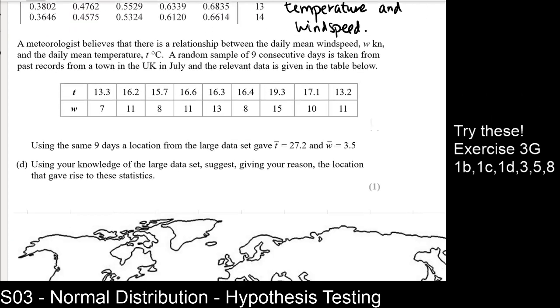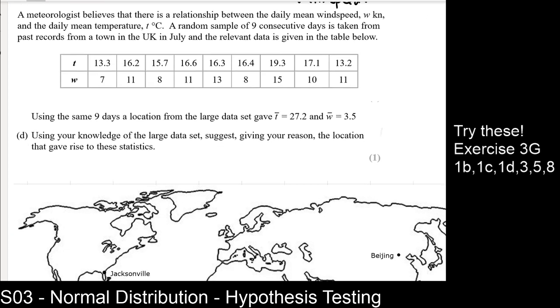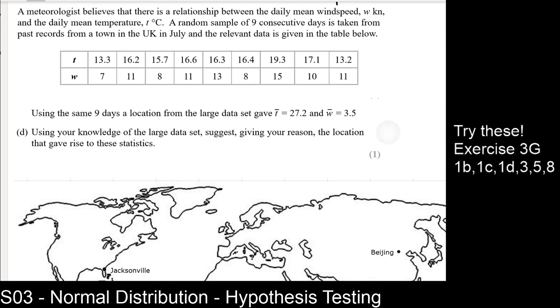And then the final question does involve the large data set. It goes on to say, using the same 9 days, the location from the large data set gave the mean temperature as 27.2 and the mean wind speed as 3.5. Using your knowledge of the large data set, suggest, giving your reason, the location that gives rise to these statistics.